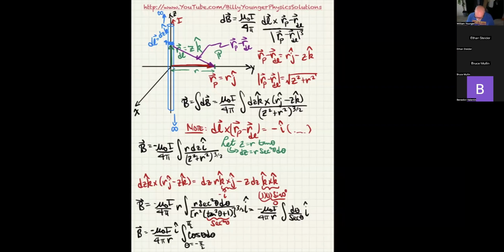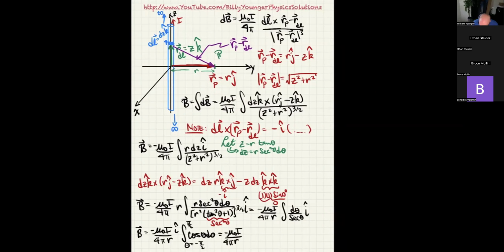Now, since cosine's an even function, I could replace this with 2 times the integral and just integrate it from 0 to positive pi over 2. That works as well. So let's just go ahead and ignore that part. So this is going to become negative mu 0 I over 4 pi r.